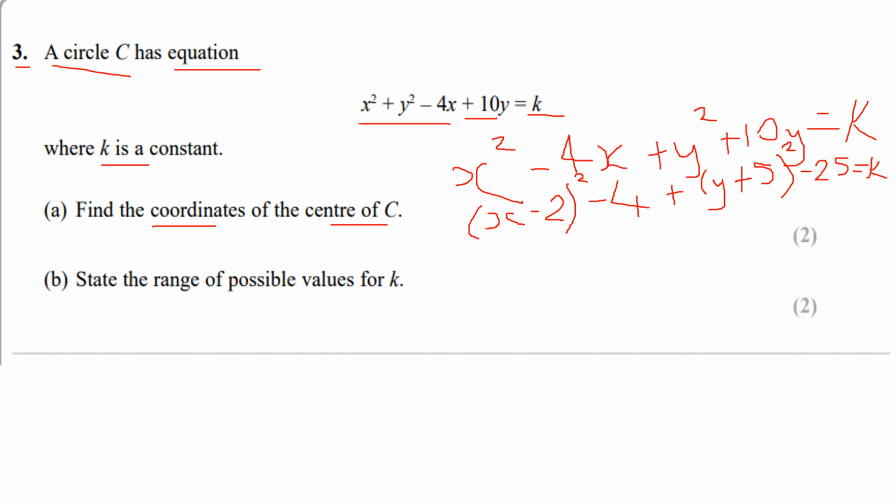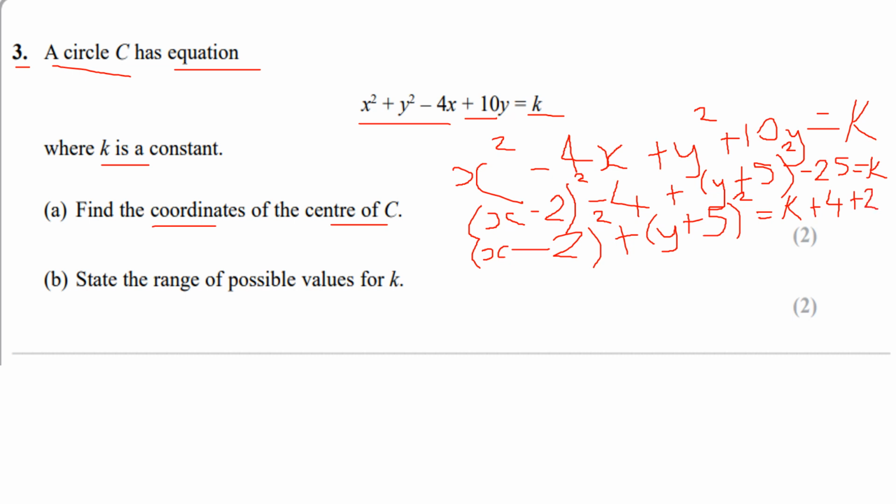Okay, just quickly rearrange this. I'm going to have x minus 2 all squared plus y plus 5 all squared. Now, if I bring the minus 4 and the minus 25 over to the right-hand side, I'm going to get k plus 4 plus 25.